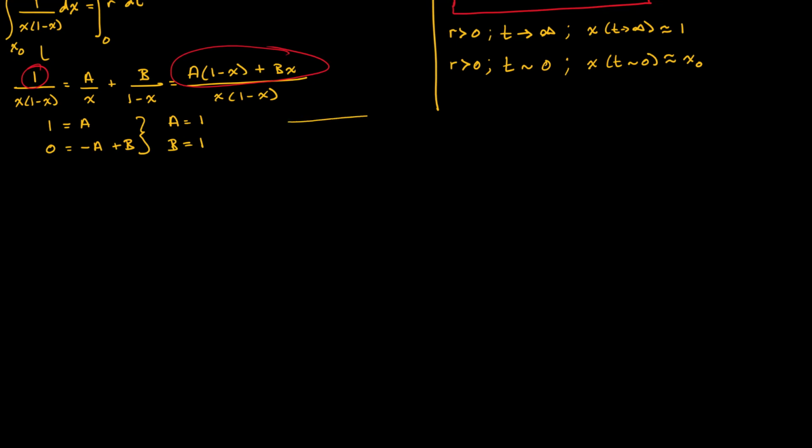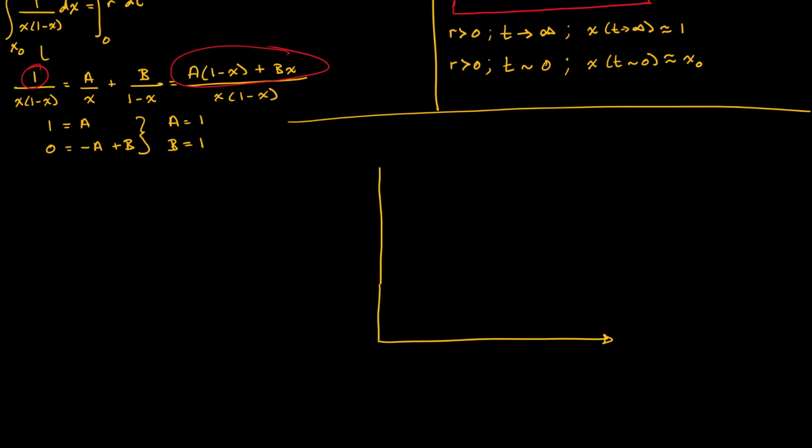So let's have a look at what this might look like. So plotting x versus t, we have an initial population x naught. And again, the differential equation that we are solving is dx by dt is equal to rx(1 minus x).